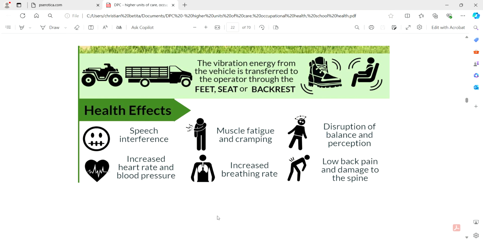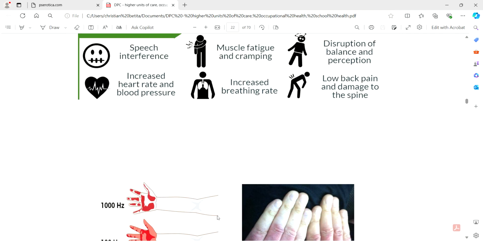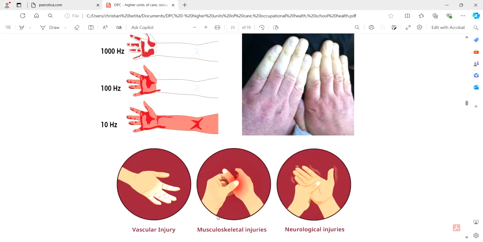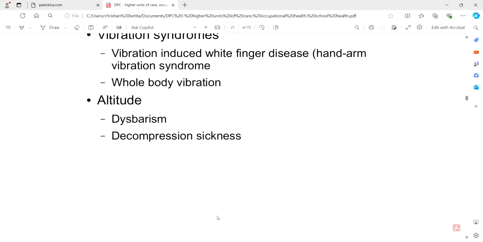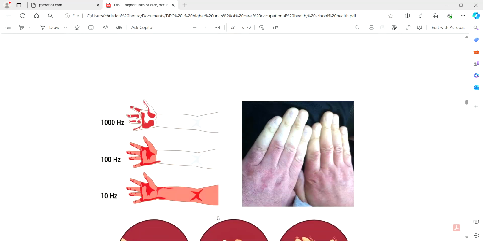You might have dyspnea, disruptions of balance and perception, and low back pain and damage to the spine, and musculoskeletal complaints. Okay. In the case of white finger disease, so this is white finger disease right here.